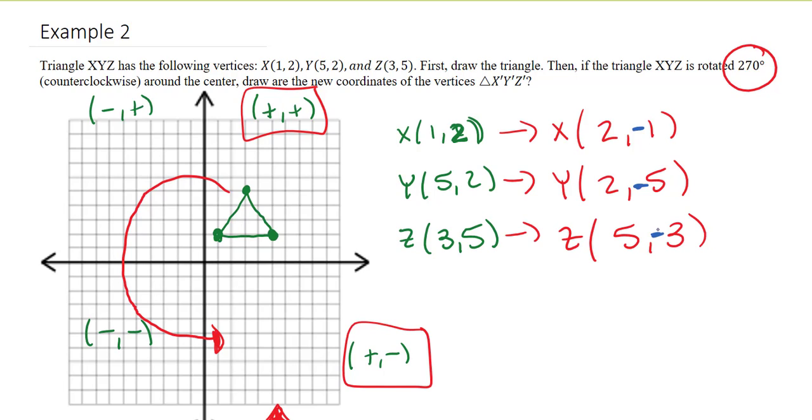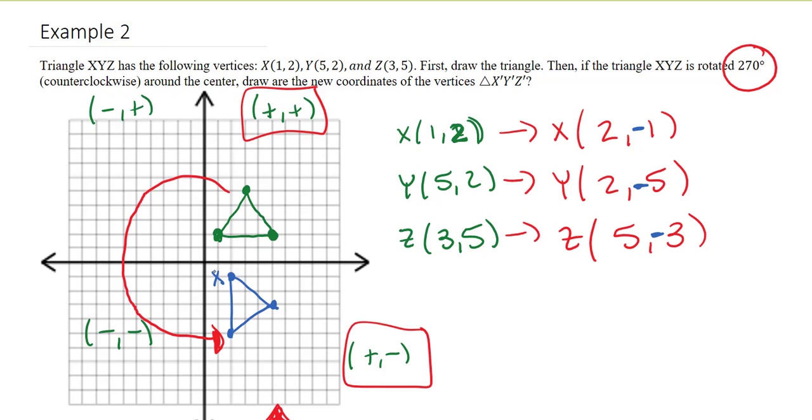So X becomes 2 and negative 1, so over 2, down 1. Then Y is over 2, down 5. And then we have Z, which is 5 and negative 3, so over 5, down 3.